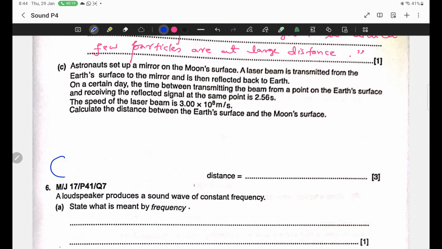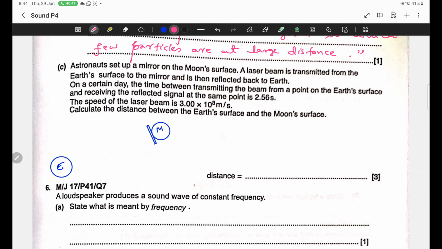The question is, sir, consider this is our Earth, this is the Moon, and there is a mirror on the surface of the Moon.